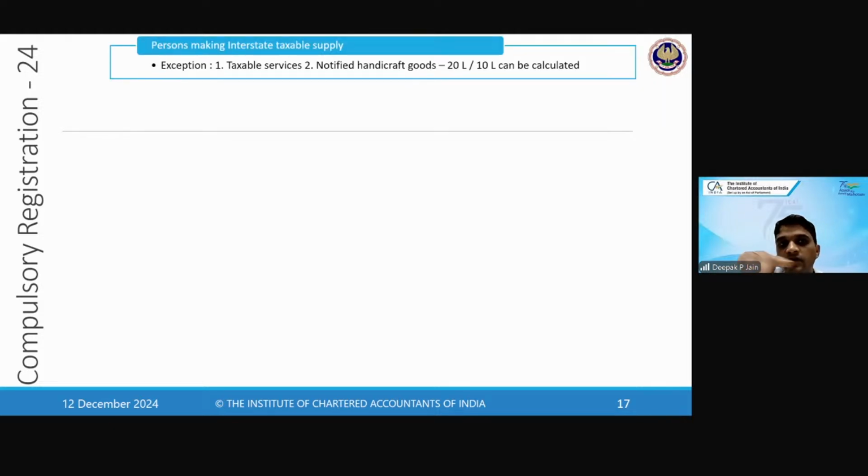These following people, what I mentioned in blue, are compulsorily required to take registration. Exceptions I've given in the white part. Person making interstate supply: any person who is making interstate supply has to take registration. For that, the threshold limit will not apply.